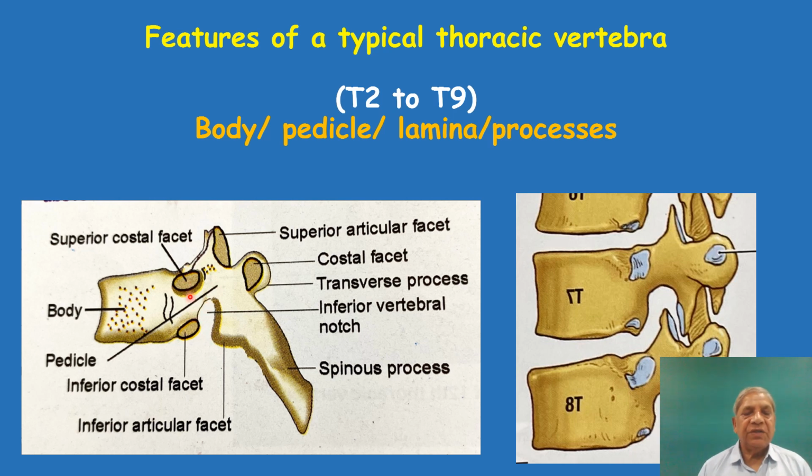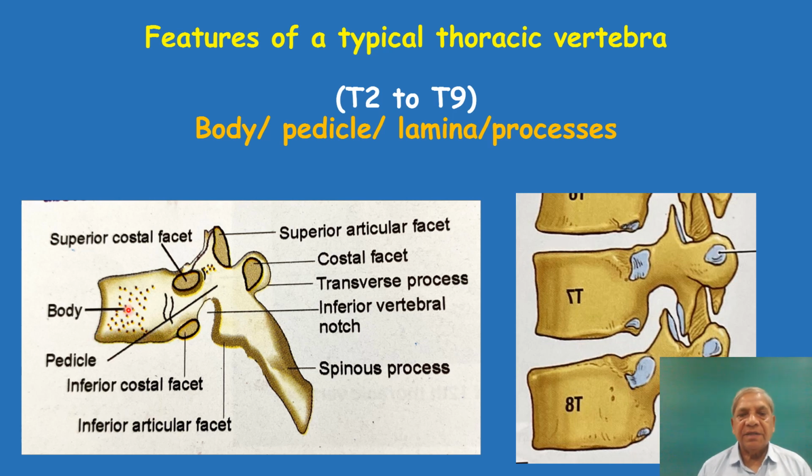So in this way you can differentiate that any typical thoracic vertebra will have a superior costal facet and an inferior costal facet on right and left side, very close to the inferior and lower margin of the body.